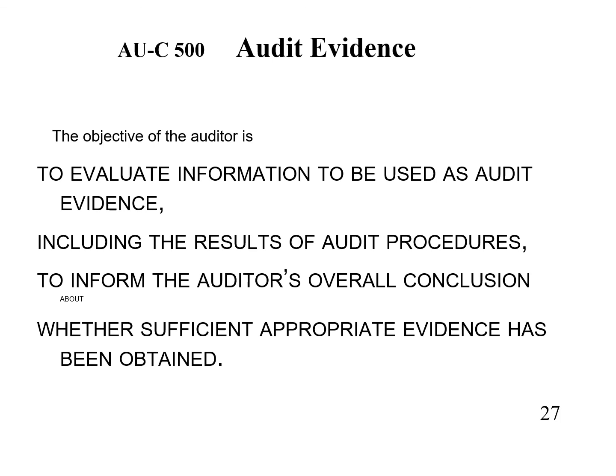There's been a change. And the objective now is to evaluate information to be used as audit evidence. Evaluate the information, including the results of audit procedures. Well, that kind of makes sense to me because we're going to subject that information to audit procedures to inform the auditor's overall conclusion about whether sufficient appropriate evidence has been obtained.